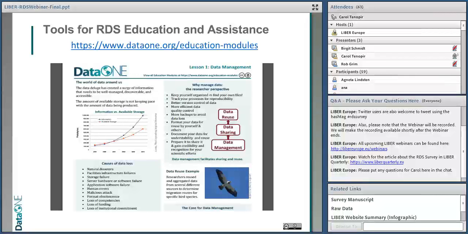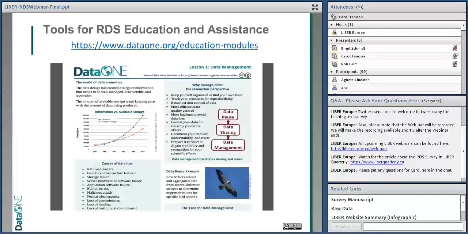The idea, rather than having to develop materials yourself, is here's a suite of materials that can be adapted and used. They're open source, they can be changed to fit your context. The examples can be changed to make sense in your country or your university, and you can use these to start the process of helping to train others in what is research data management, for example.